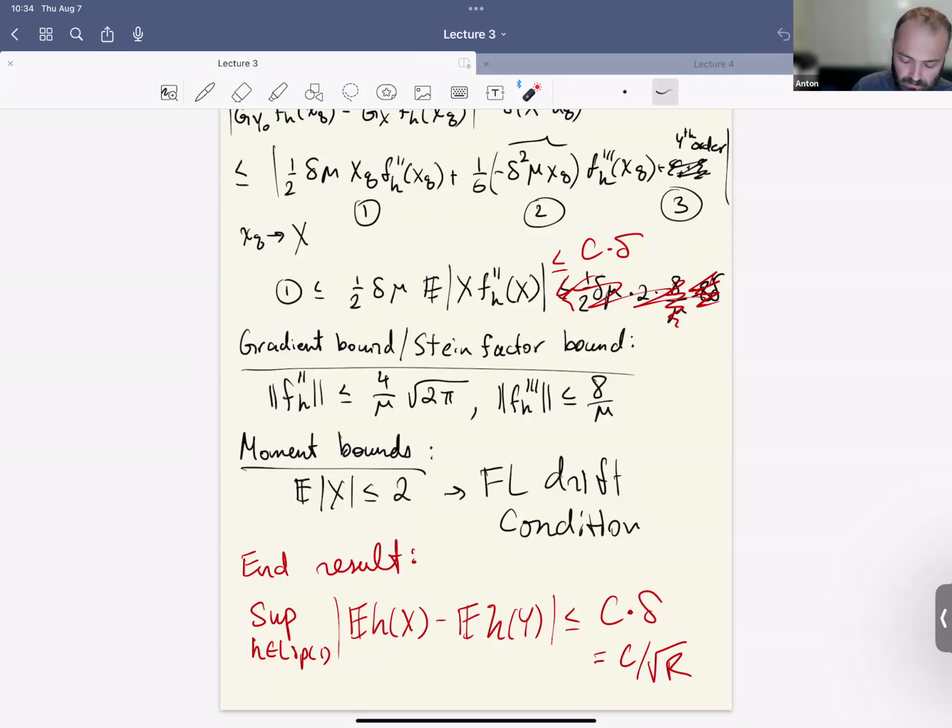Okay. A few things. Number one, what does the potential function or the solution to Poisson's equation depend on? It depends on the form of the diffusion generator. What does the form of the diffusion generator depend on? It depends on the drift and diffusion coefficient.